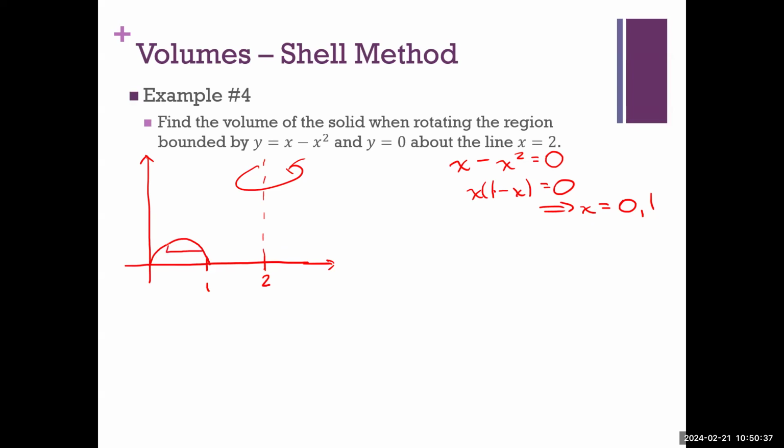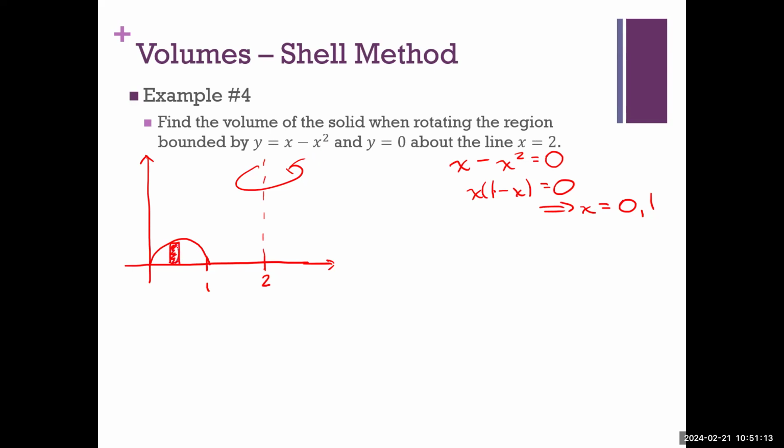If we do horizontal rectangles, how do I define the right end and left end of that rectangle? They both come from the same curve, right? Also, I'd have to solve this thing for x, which could be done, but it involves completing the square and a square root with a plus or minus. You're going to have two integrals. I think shells are going to be a much more straightforward thing.